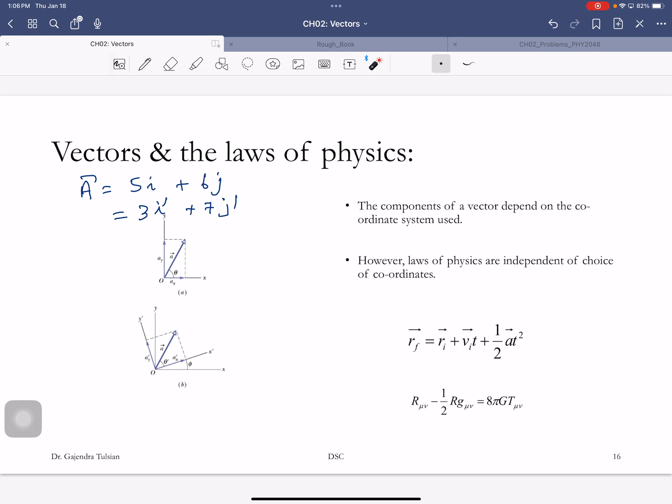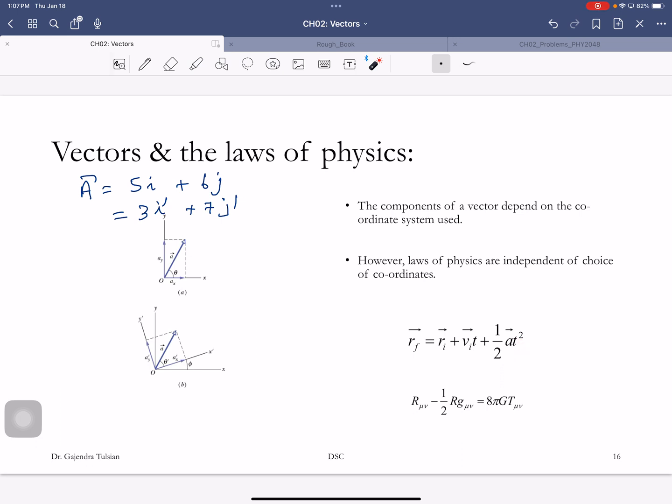If you have a vector on this side, you'd better have vectors on that side. On the right-hand side, we have a sum of three terms, so each term had better be a vector. This one is a vector, so we're good. This one is a vector too. T is a scalar, time. A scalar times a vector is a vector. Now we're good.